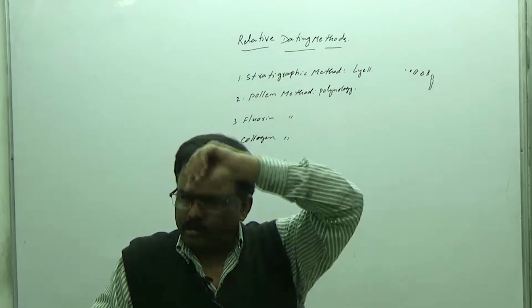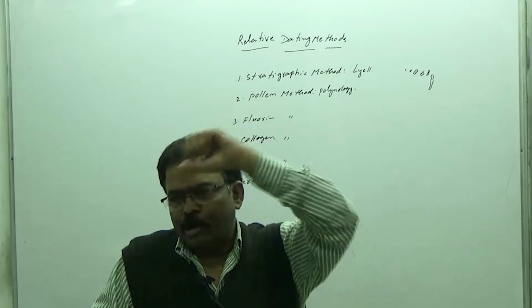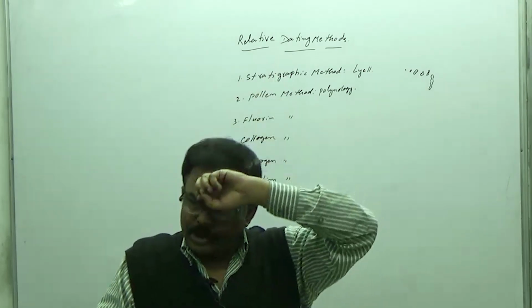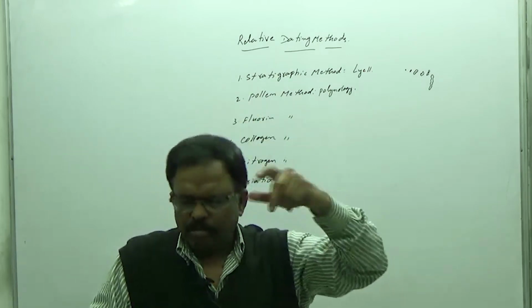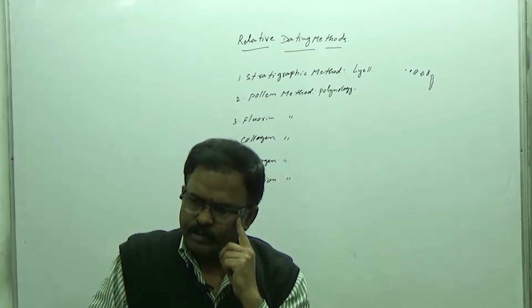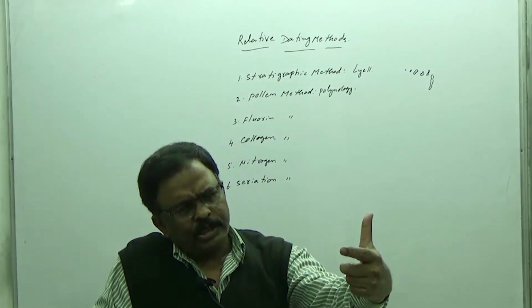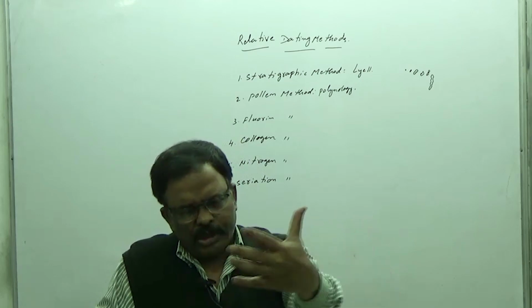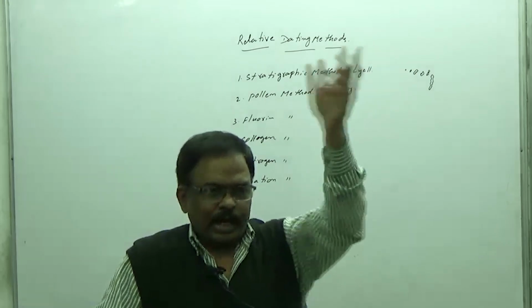Anthropologists speak about human fossils. Zoologists speak about animal fossils. Botanists speak about these anthers. If it is a leaf structure, they say, oh, this is a neem leaf, this is some other leaf. So botanists can understand.